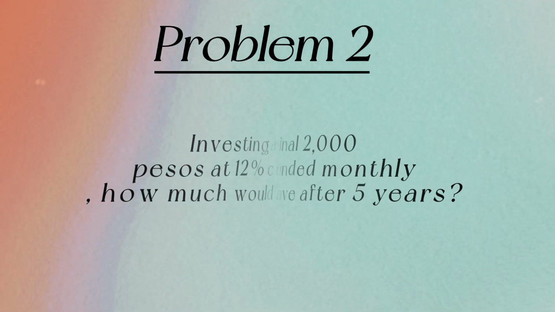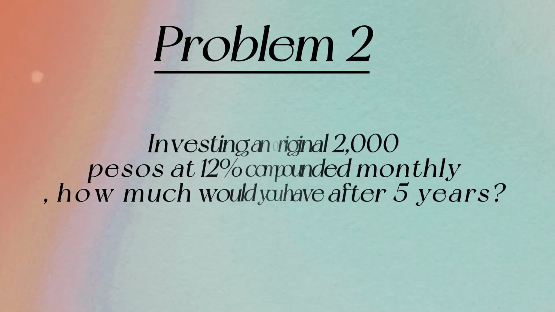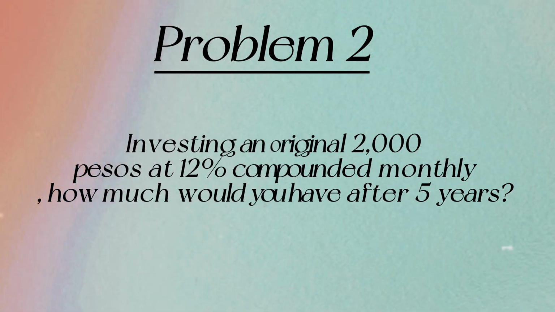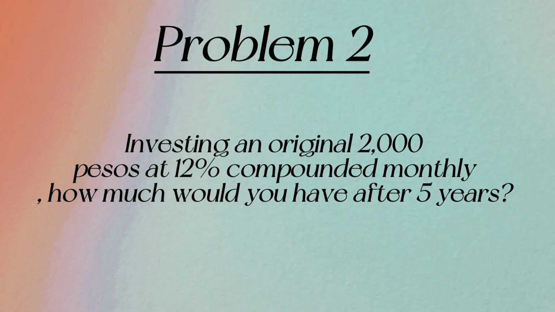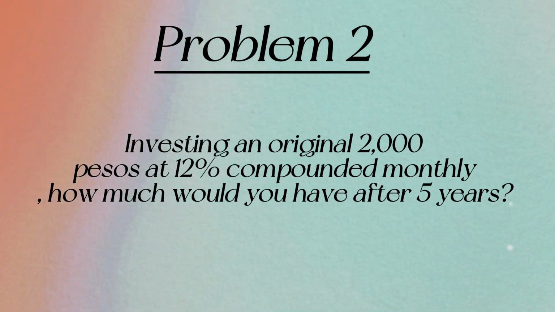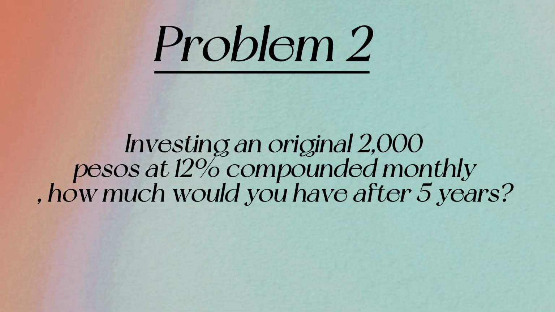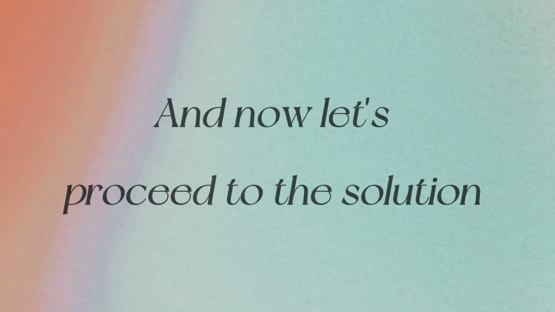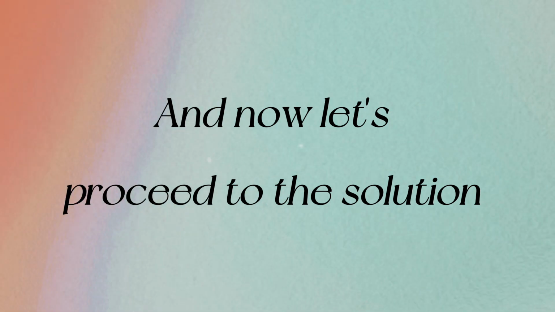Problem number 2. Investing an original 2,000 pesos at 12% compounded monthly, how much would you have after 5 years? And now, let's proceed to the solution.